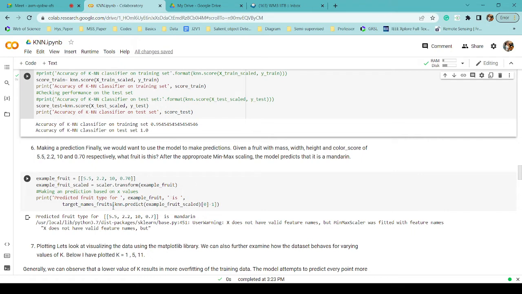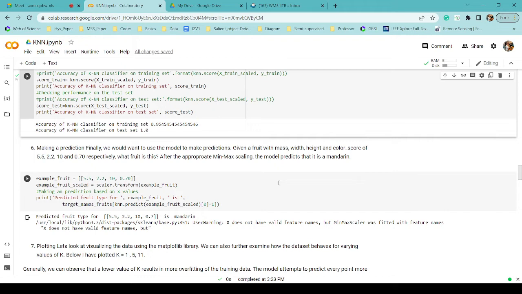Now I'm doing the prediction: predicted fruit type, example fruit, and what I'm doing is predicting on the example fruit scaled. Why is it 0 minus 1? If you go back to the previous example, the first class I gave as 0, but in this one the first class I'm giving as 1.